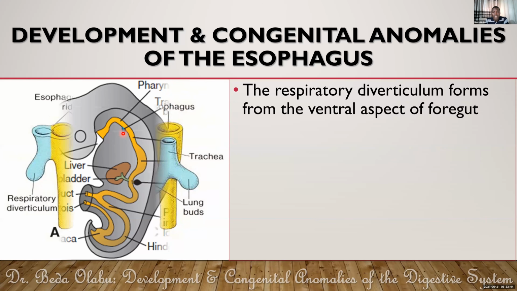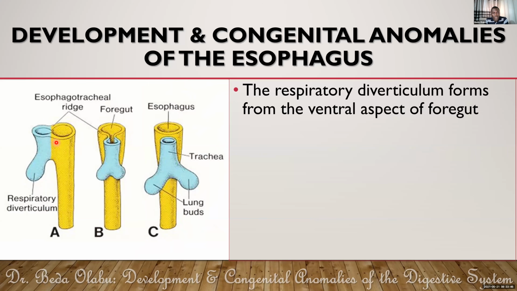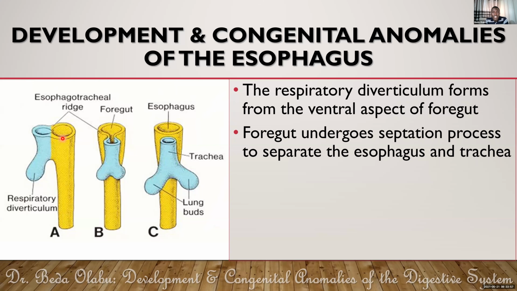This respiratory diverticulum grows away from the foregut. As it grows away, it needs to be separated from the foregut so that we can separate the digestive system from the respiratory system.